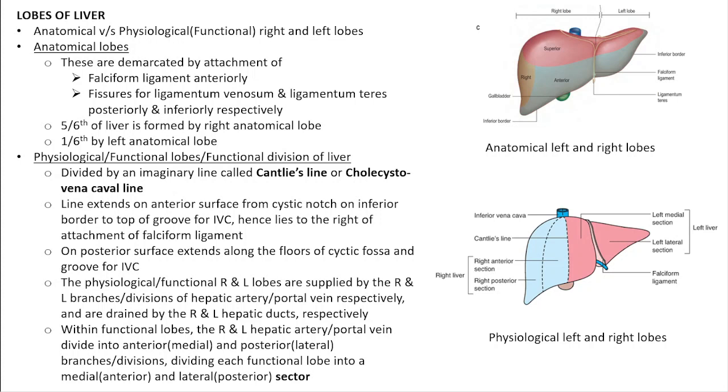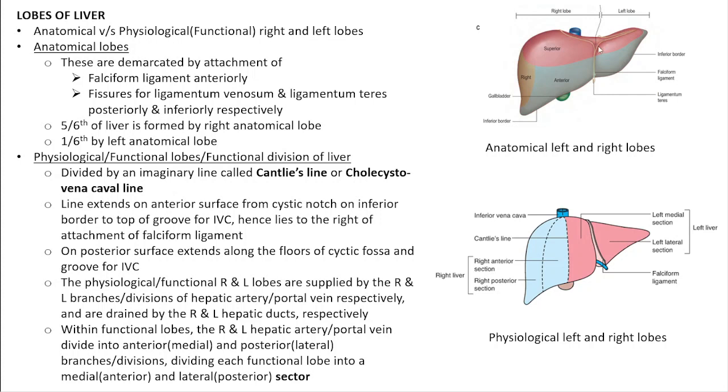Now we come to the lobes of the liver. I have already told you that the attachment of the falciform ligament anteriorly and posteriorly, the two fissures, the fissure for ligamentum venosum and the fissure for ligamentum teres, divide the liver into what are called anatomical lobes.